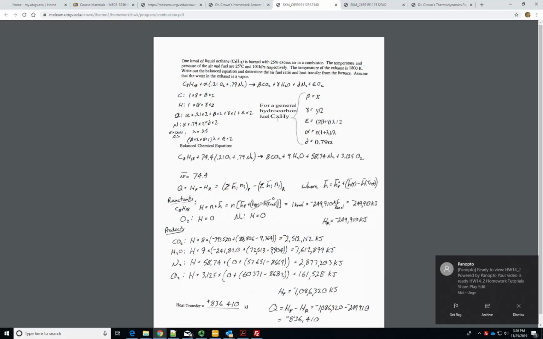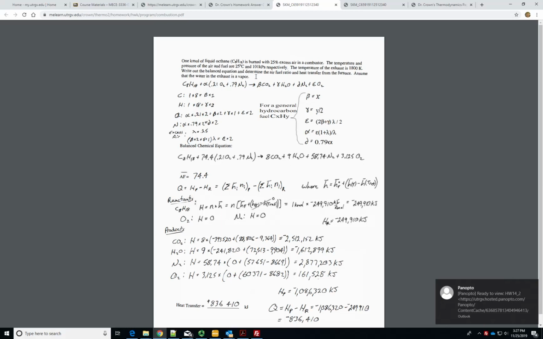In general, for any hydrocarbon fuel where the carbon atoms are X and the hydrogen atoms are Y for each molecule, we can write that beta is X, gamma is Y over 2, epsilon is 2 times beta plus gamma times lambda, which is our excess air.